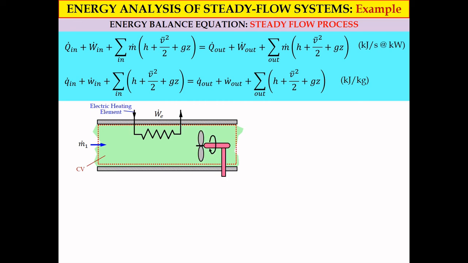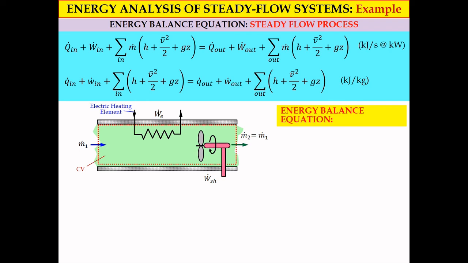And also we have something like a fan. So for this case, we will have the rate of shaft work, W dot shaft. The flow inside the pipe will cause rotational movement of the fan shaft. And we have mass flow rate at the outlet of the pipe, M2 dot, also equal to M1 dot.